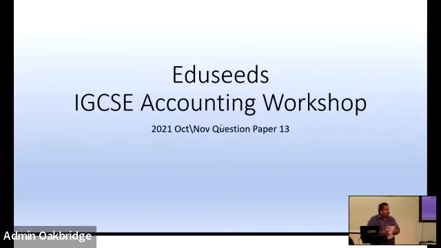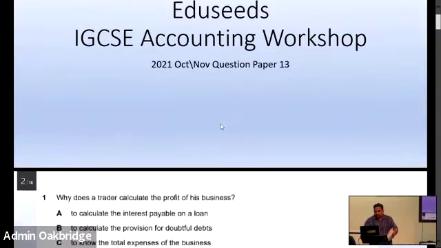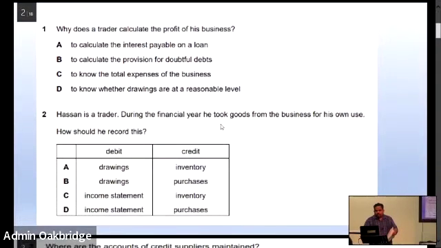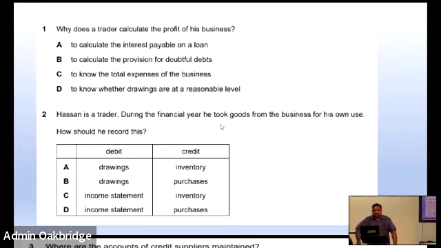All got the paper? The question is on the screen. Why does the trader calculate profit for the business? Look at A. Is it only to calculate interest payable on loan? No. To calculate provision for doubtful debts? Of course not.